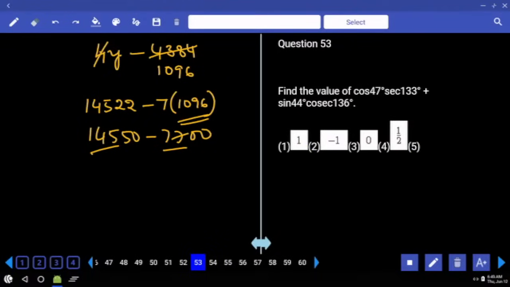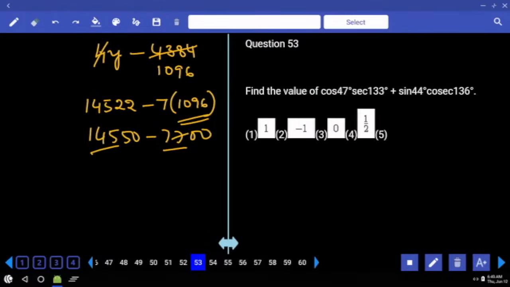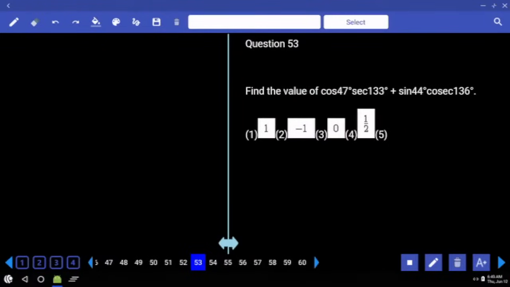Done? Right. Now we have to find out this value. Cos and secant, sine and cosecant. If you have cos theta and secant theta, product is 1.